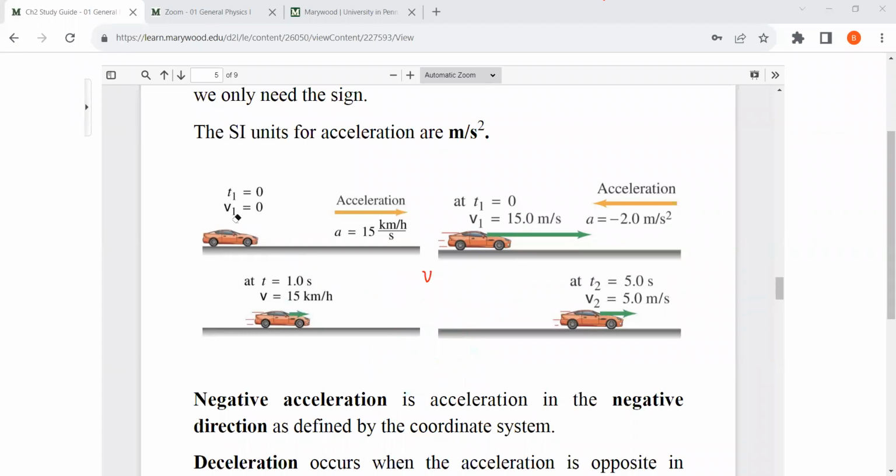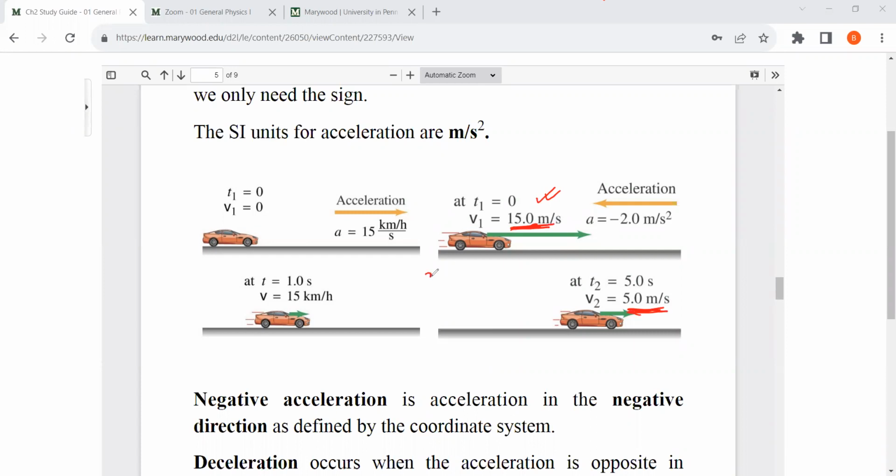Now let's consider this problem. Initially the car is moving at 15 meter per second, and then we probably hit the brake, and after 5 seconds the velocity becomes 5 meter per second. You see that we are slowing down, 15 to 5.